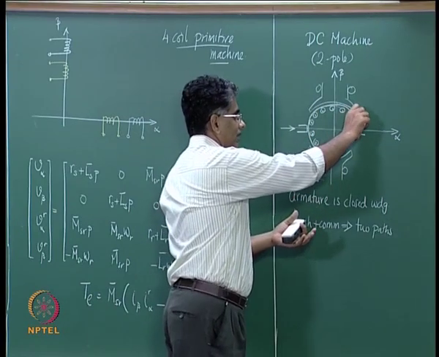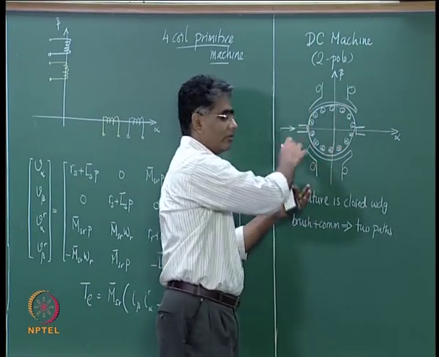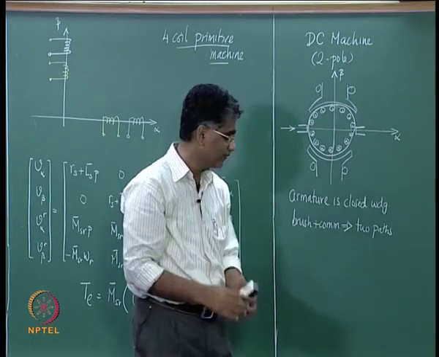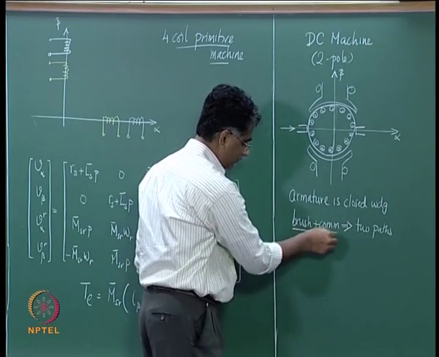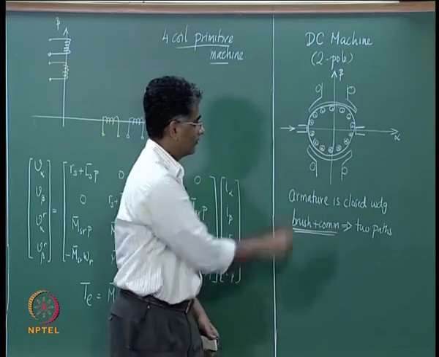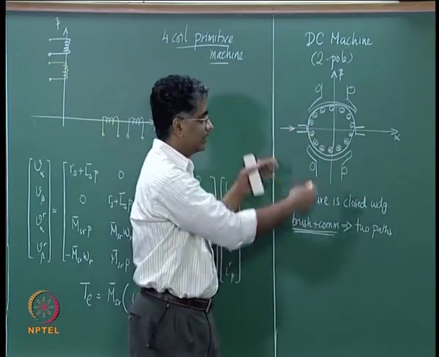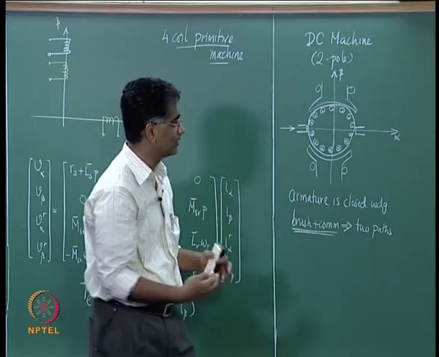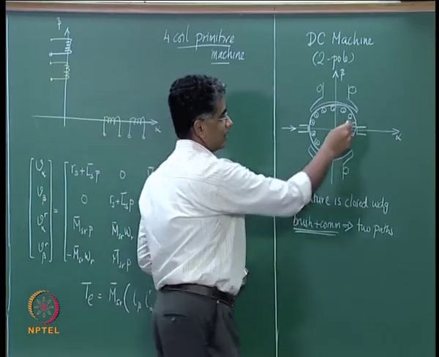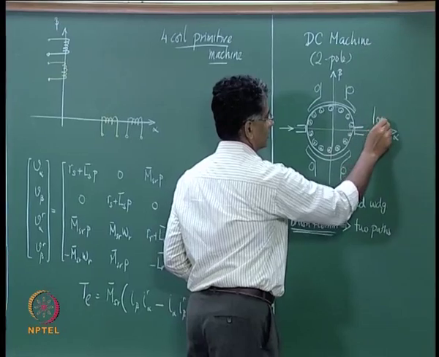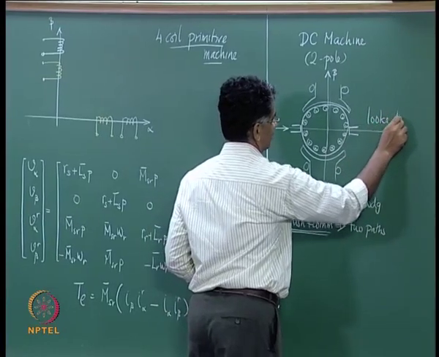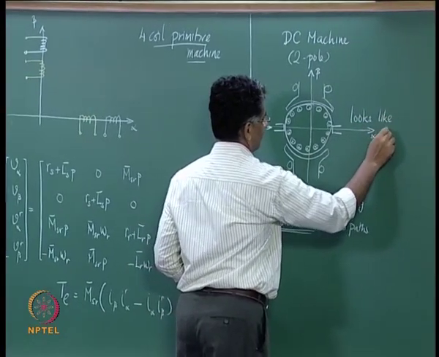You find that the armature is now going to be rotating, but nevertheless, because of this arrangement of having brushes here, to the external world, that is fixed with respect to the stator, the armature looks like a fixed coil.